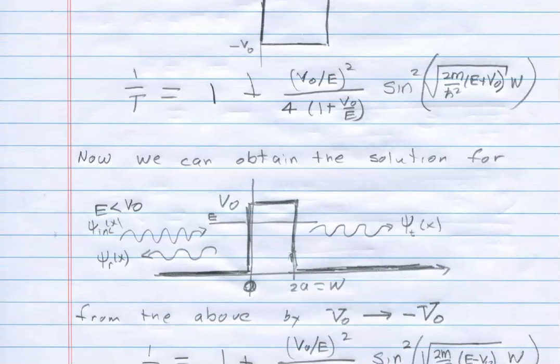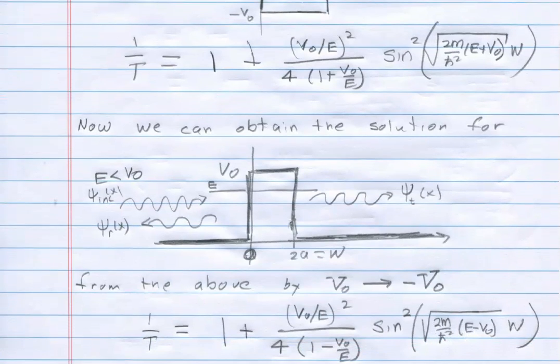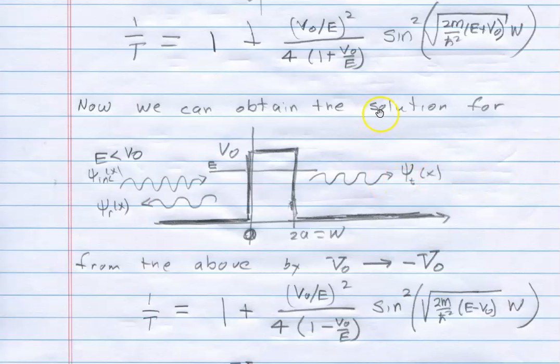And so I'll do that. I'll plug in minus V naught everywhere in this equation every time there's a V naught. So I get a minus V naught, but it's squared here, so that doesn't make any difference. I've got a V naught here, but that becomes a minus V naught over E. And then here, likewise, I've got a minus V naught.